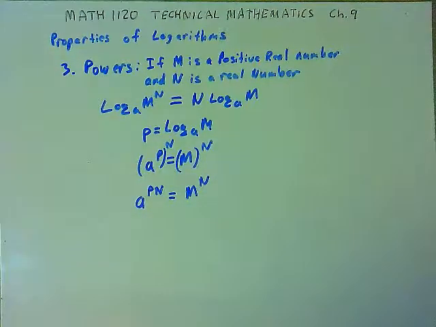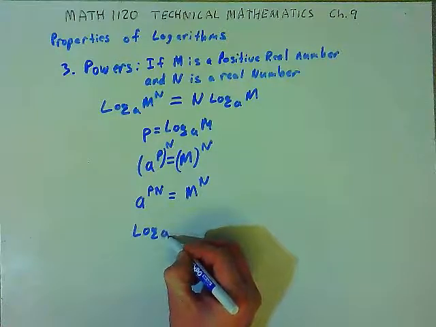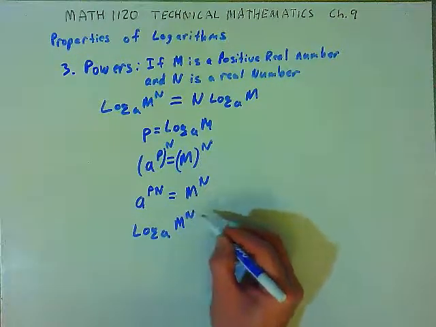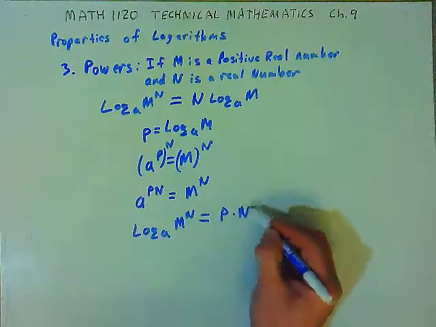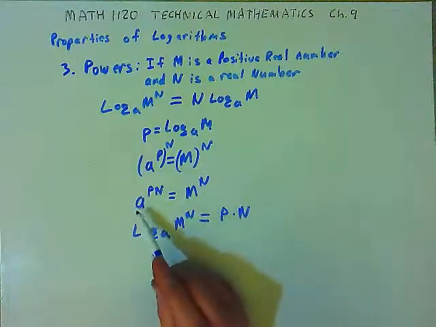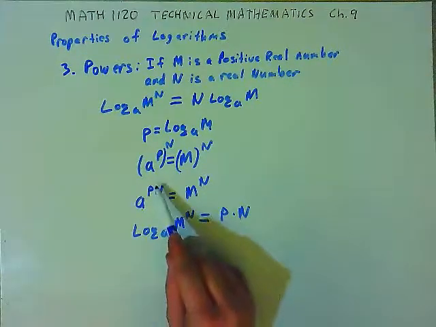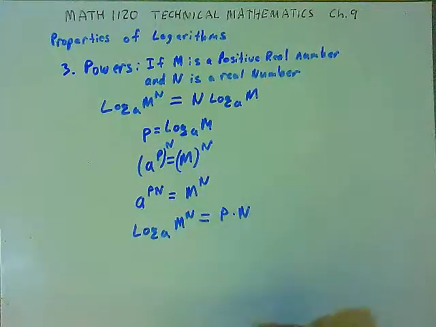Okay, and now we can rewrite this in logarithmic form, which is going to say that the log base a of m to the n power is equal to p times n, right? So that's how we change exponentials to logarithms.